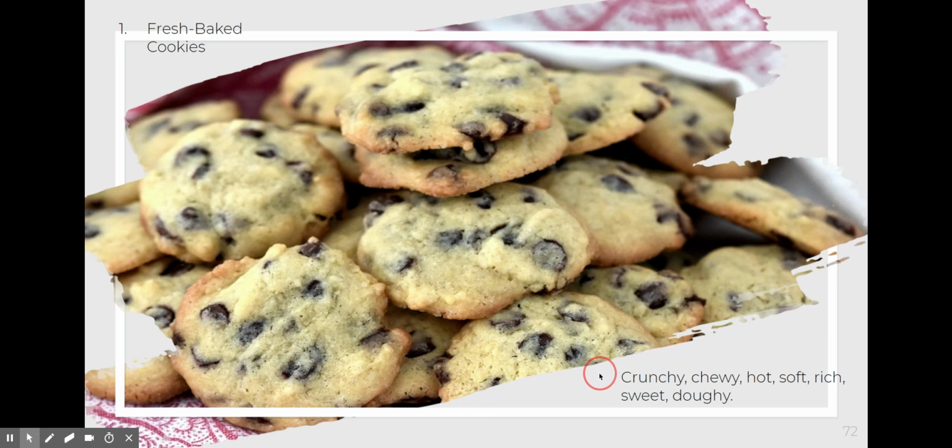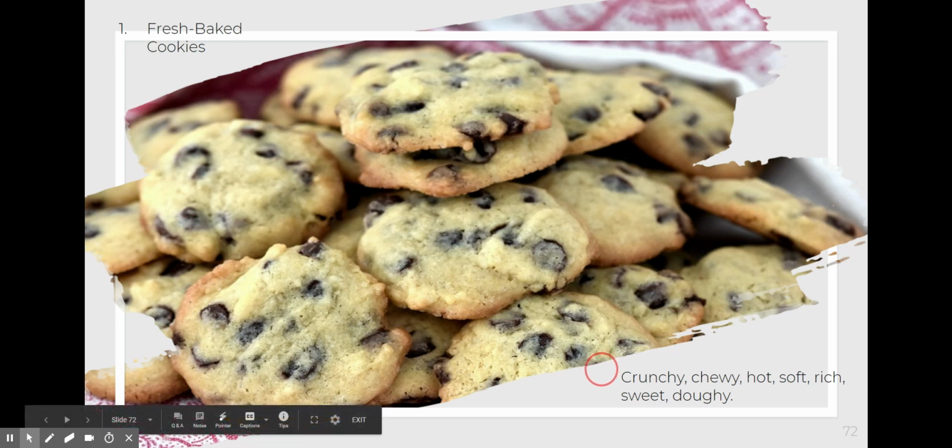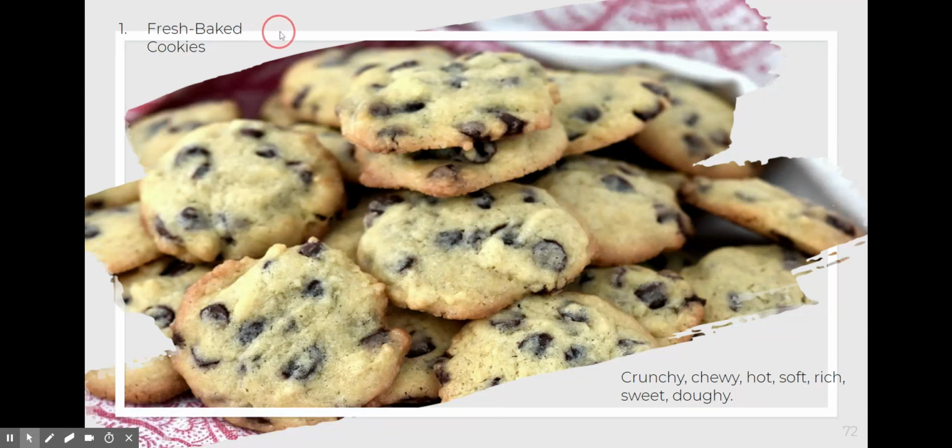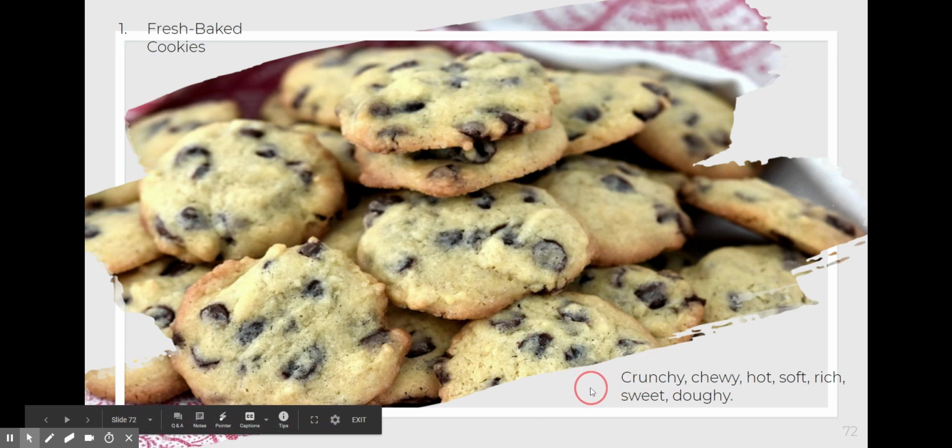They might be soft, they might break apart in your hands. They probably taste rich, sweet, and maybe a little bit doughy. So that's all you have to do. Write down next to each of your numbers, whatever the scenario is, and then come up with a few sensory words to connect to each.